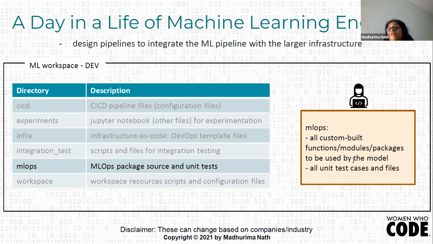Everything that you have custom built will go in this folder. And before you deploy, make sure you have test cases and files that you can go over so that you don't run into issues after deployment.